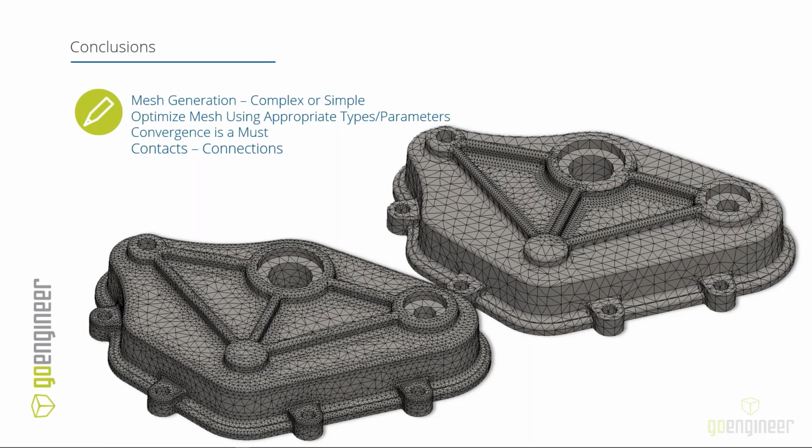You want to make sure that you have a good convergence in the model, appropriate mesh control in areas of high stress to make sure that you're flattening out that stress curve and understanding where your true high stress is. And just keep an eye on your contacts and your connections, the compatibility versus incompatibility of the meshing components. Those are all very important, especially the contacts and connections within your mixed mesh type environment.